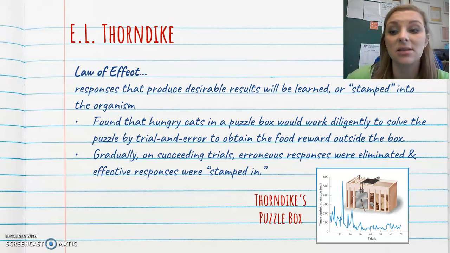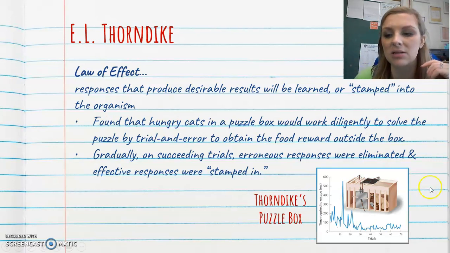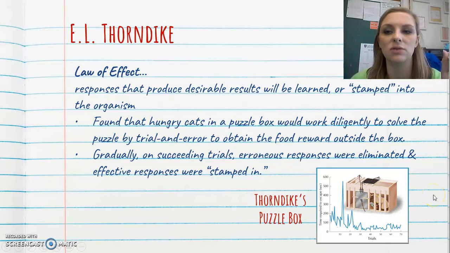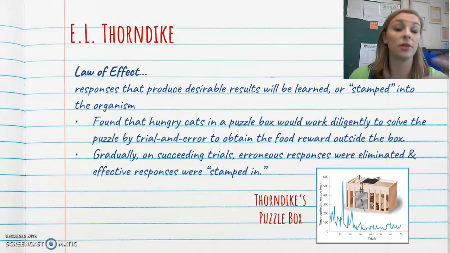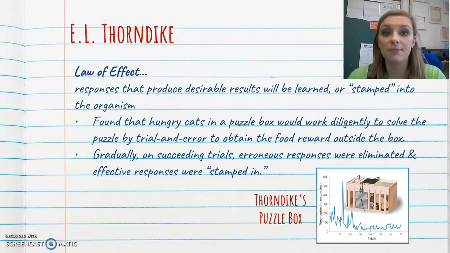He used cats that he put into a puzzle box. Here's an example of the puzzle box down here. And he would have those cats work to solve a puzzle by trial and error just to obtain the food reward. Gradually, the unnecessary responses were eliminated, and the actual doing of the puzzle was stamped in.